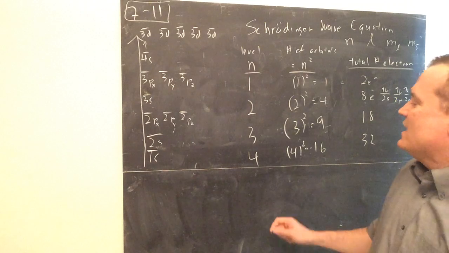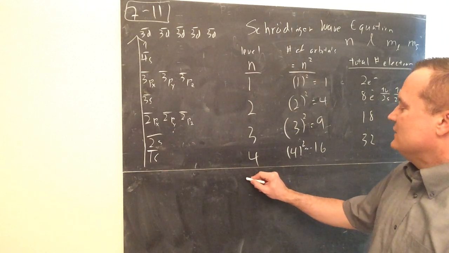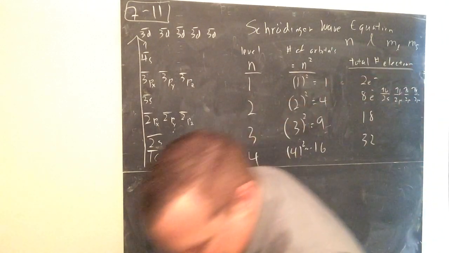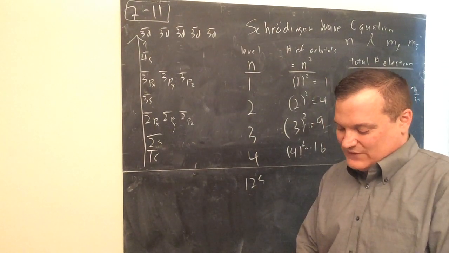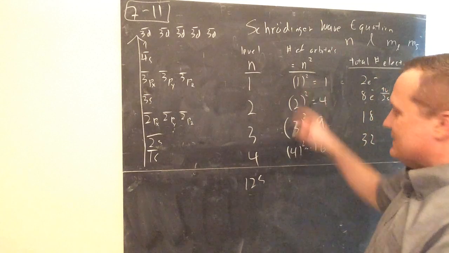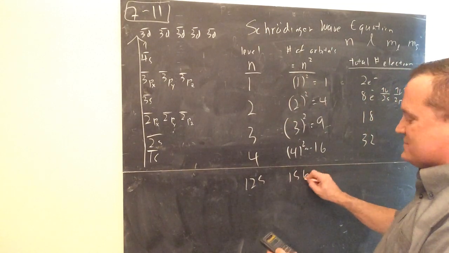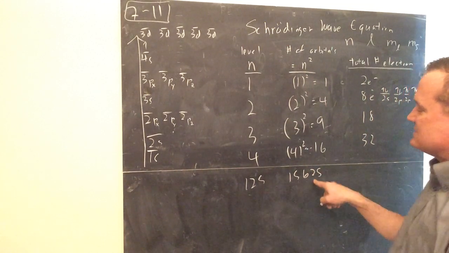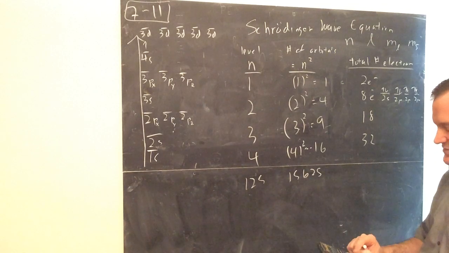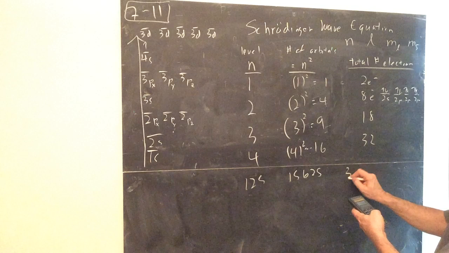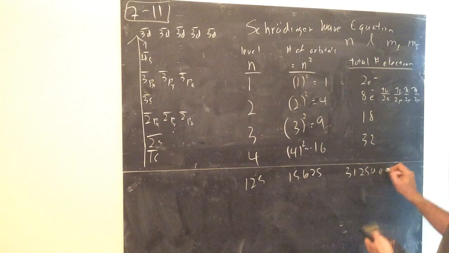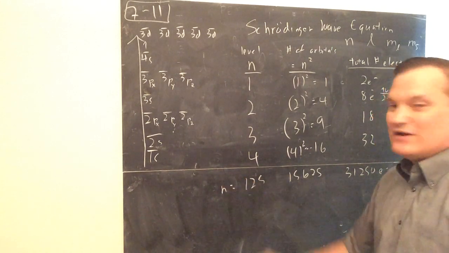But if I wanted to say, what if we went all the way up to level 125, okay? Well, I don't know, I'd have to figure out what that would be. But at level 125, I know that there will be n squared, 15,625 orbitals at level n equals 125 when I square it. And if I multiply times 2, that tells me I can fit 31,250 electrons at level n equals 125.